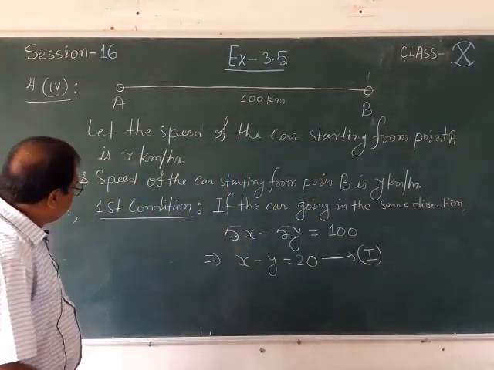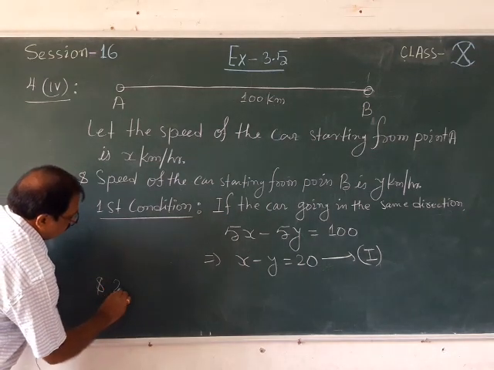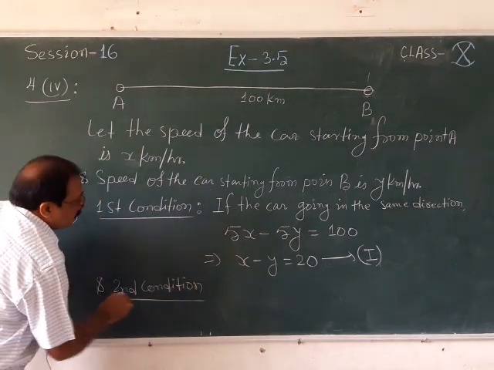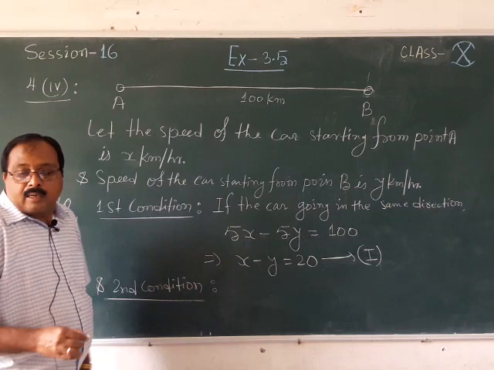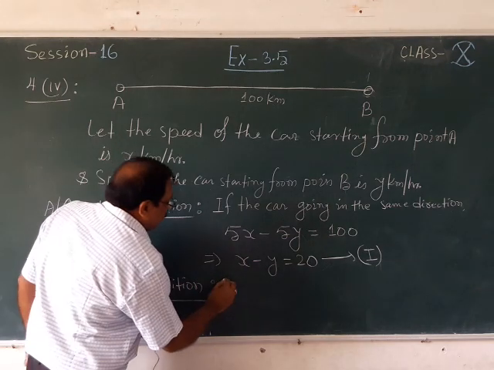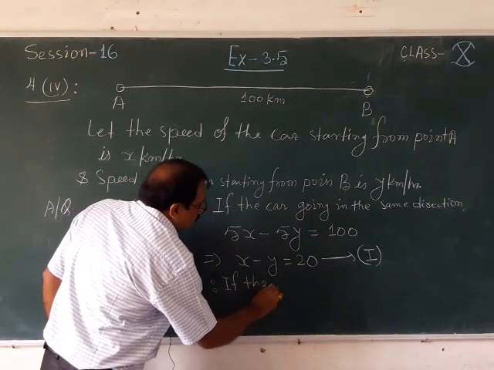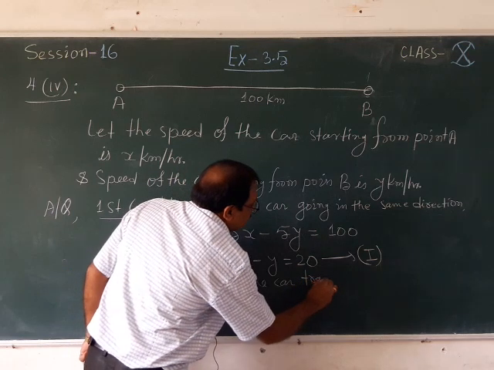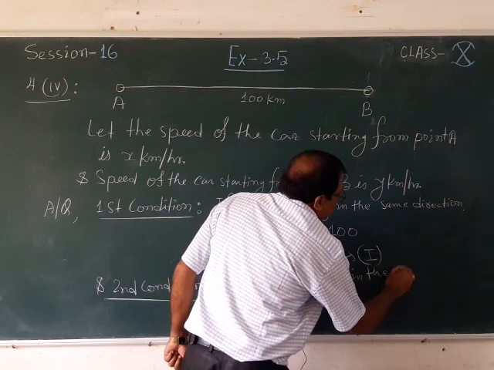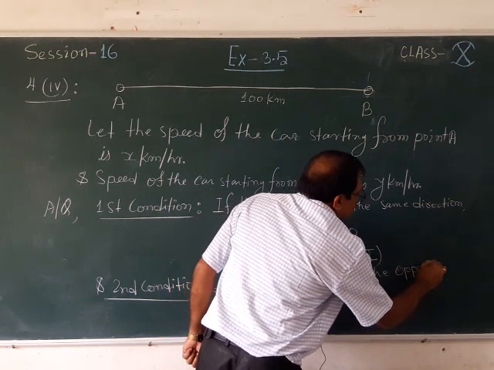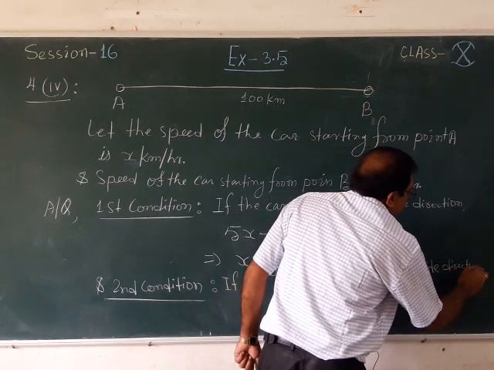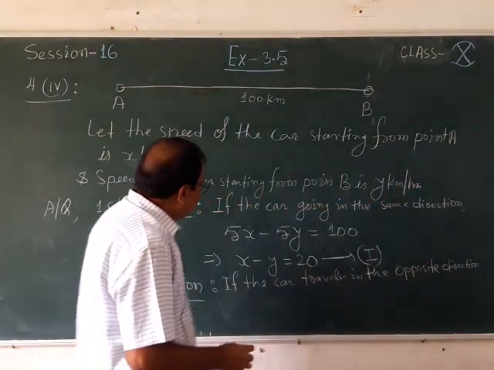So the first equation is coming, and now the second condition. What do you get in the second condition? In the second condition, if the cars travel in the opposite direction, then what will happen?